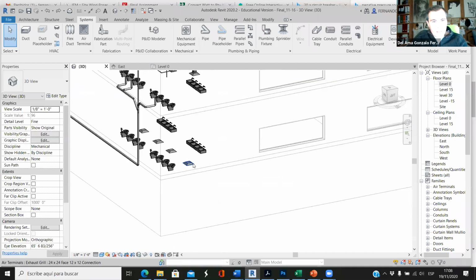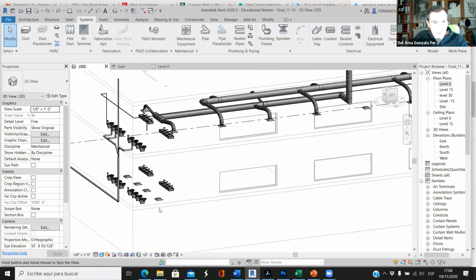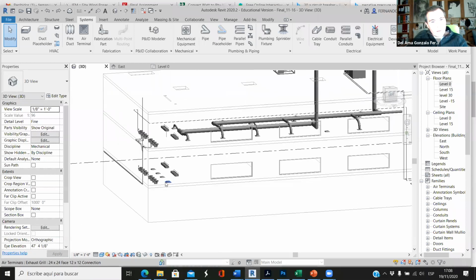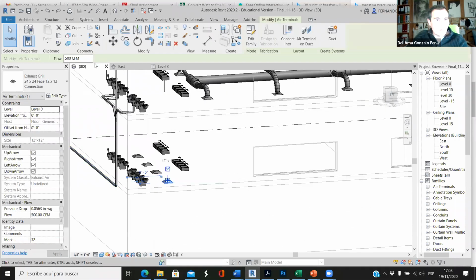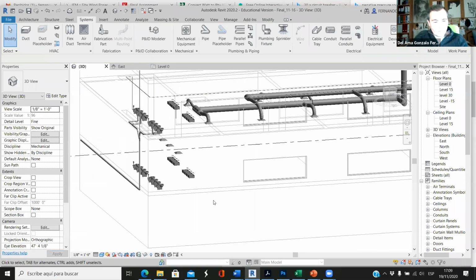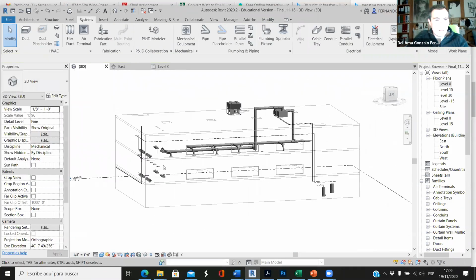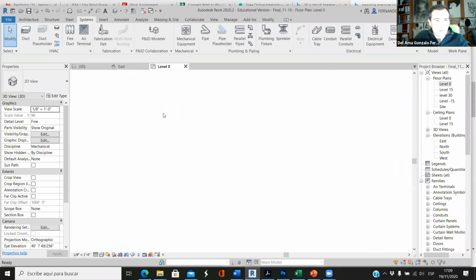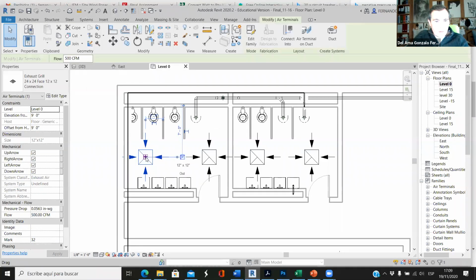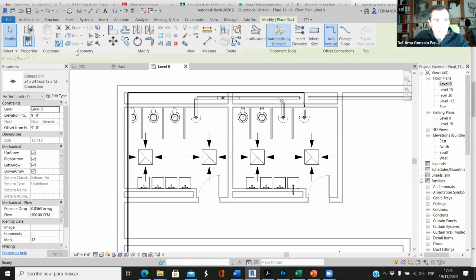I made a mistake because I didn't change the elevation, so it's on the floor now. Those diffusers are on the floor, so I have to change this elevation. Where's the elevation? Here, 29. Okay. So now on level 0, I can draw that.